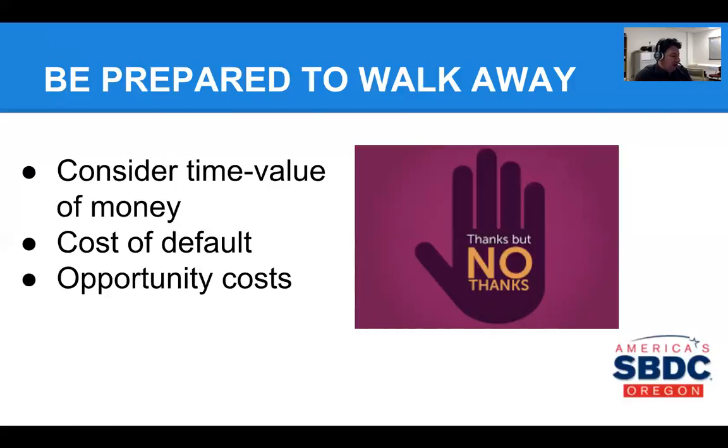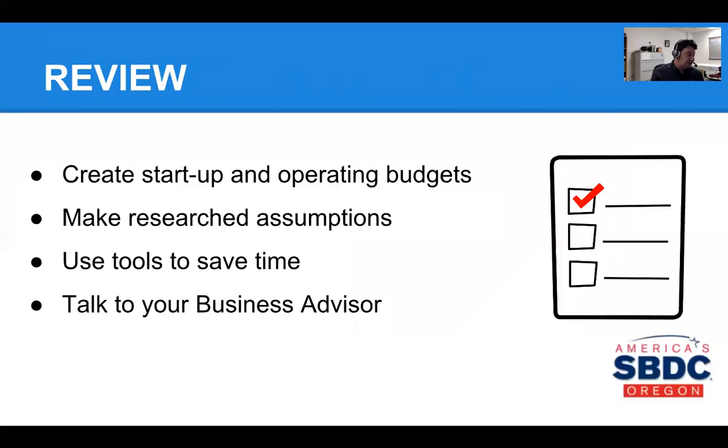So these are all things you need to think about. And in some cases, the only thing that keeps you from making that $5,000 a month right away is the cost of financing. It's just the wrong financing deal for you. So go out and find a better financing deal.